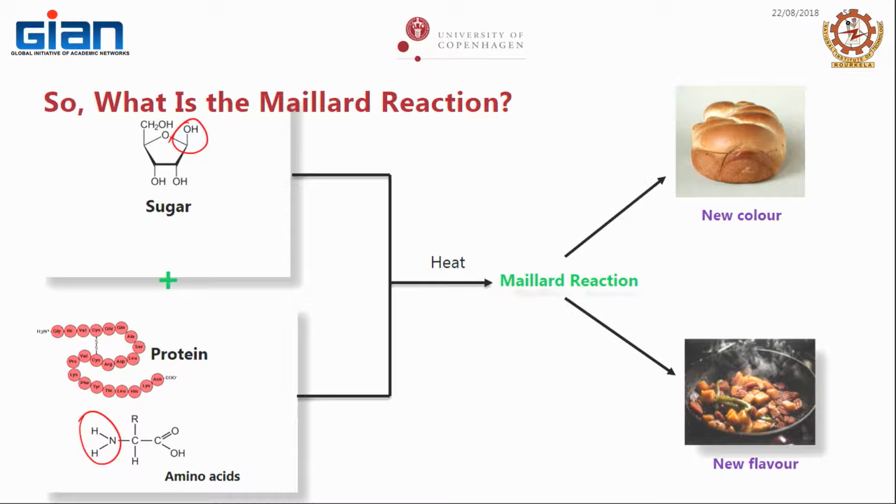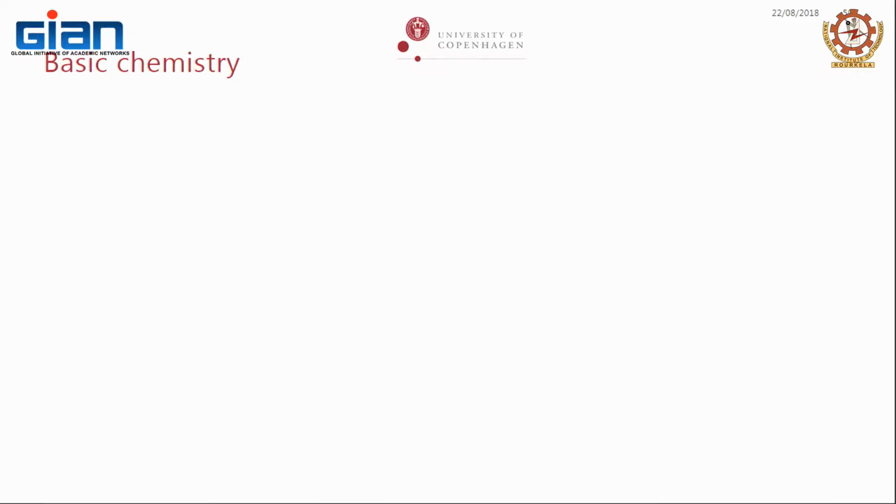It looks very simple, but trust me, during the Maillard reaction they say 1,000 different kinds of molecules are formed. I am talking about 1,000, maybe more than 1,000, just from these two reactants. Very complicated, it produces numerous reactions that change the flavor, texture, and color of the food. That is the Maillard reaction, okay.